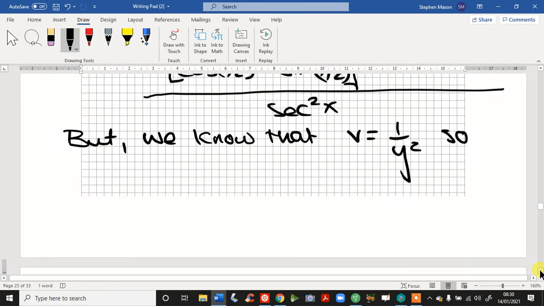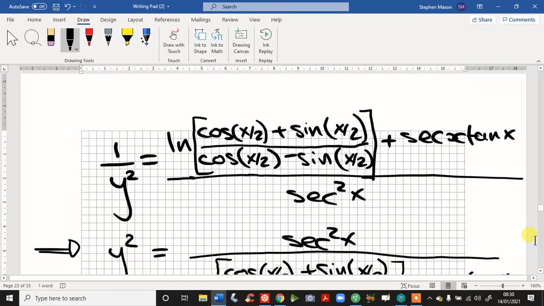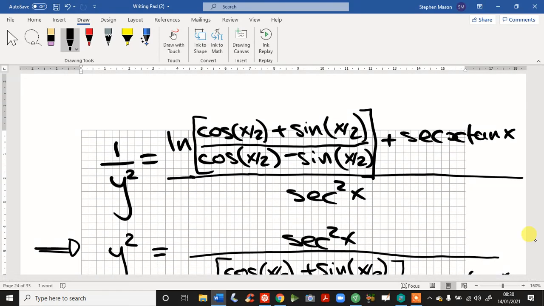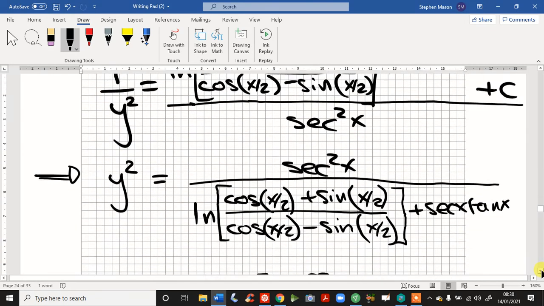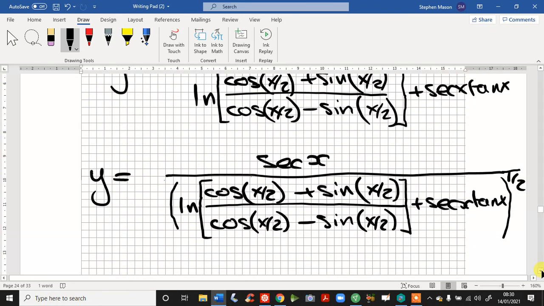It doesn't really matter that much in this case. So there should have been a constant added on there, and then in the final solution here there would have been a constant added on to the denominator there. So basically that is how it is done.